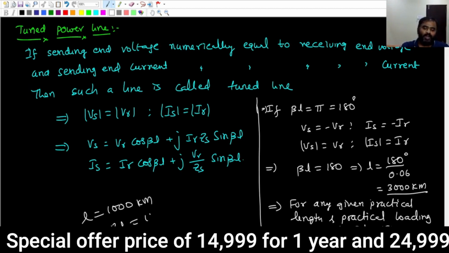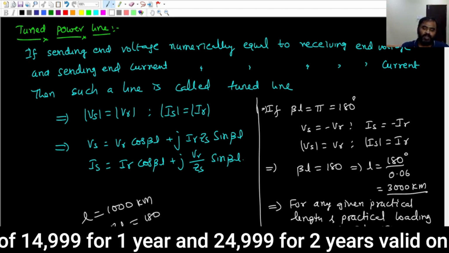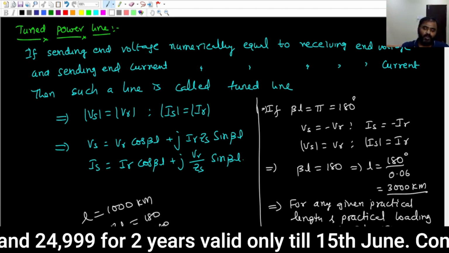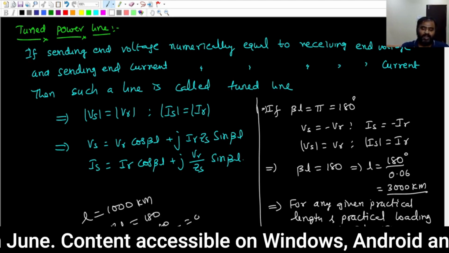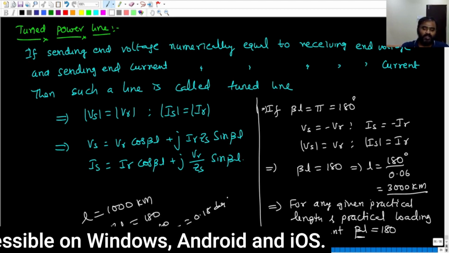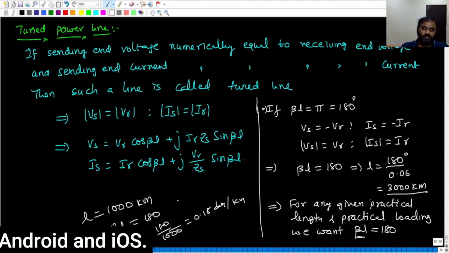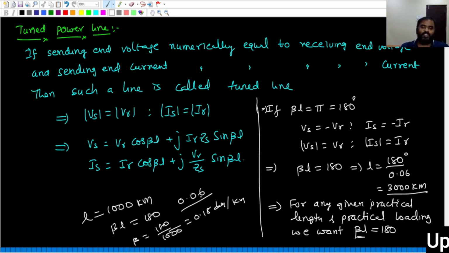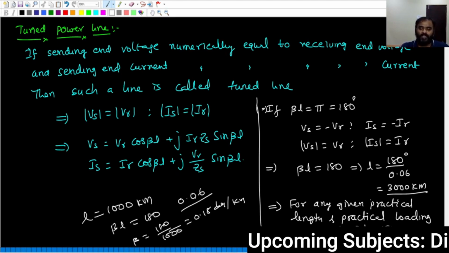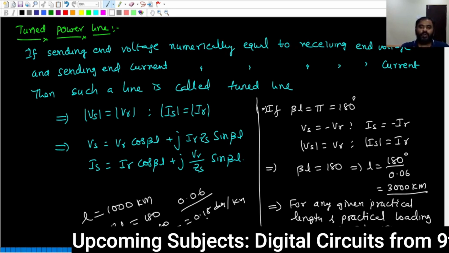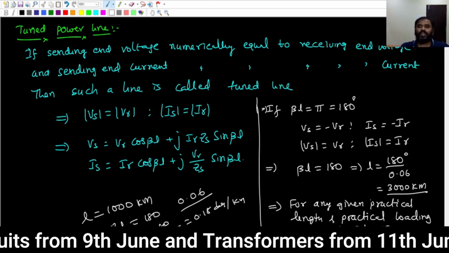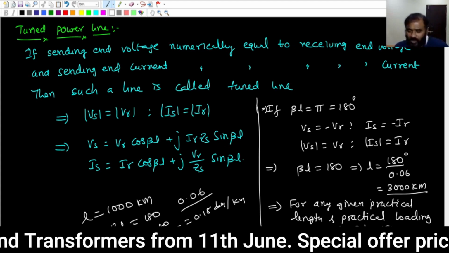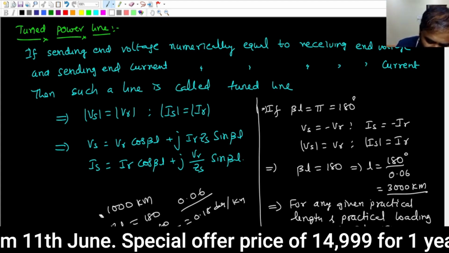I want beta L to be 180 degrees, so beta should be 180 by 1000. Clear? So what do I get now? 0.18 degrees per kilometer. But what is the typical value of beta? We have 0.06 degree per kilometer, but I want 0.18. I'm sorry, beta needs to be increased, not decreased. But how to increase beta?